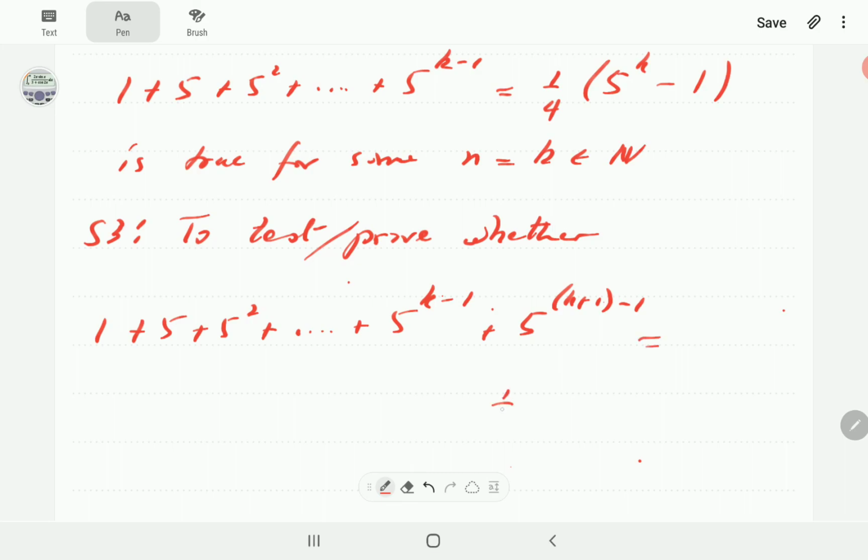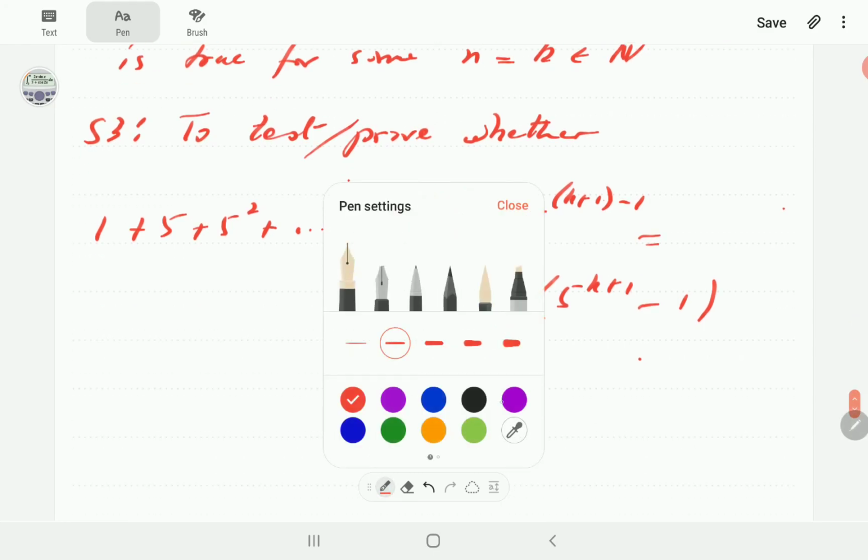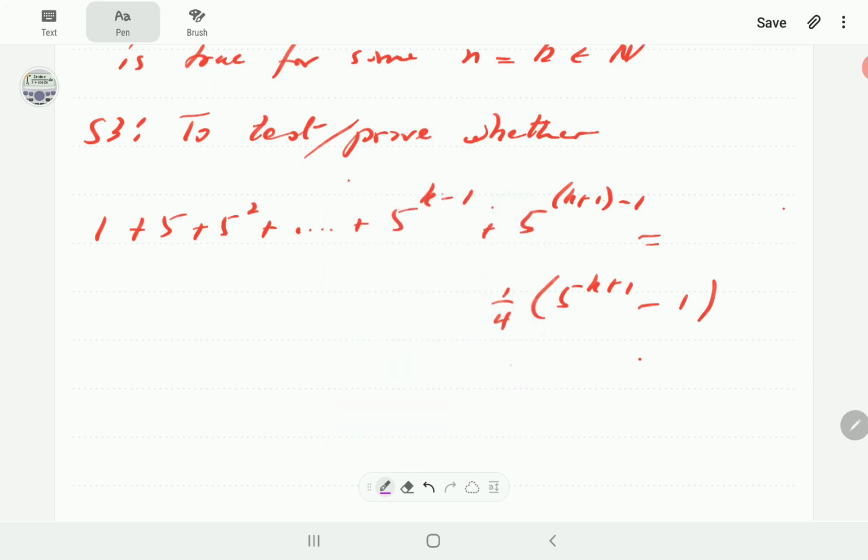And then on the right hand side we're going to have 5 to the power k plus 1. So all the k's are replaced by k plus 1. Now these terms are from step 2, and they're equal to 1 over 4, 5 to the power k minus 1.